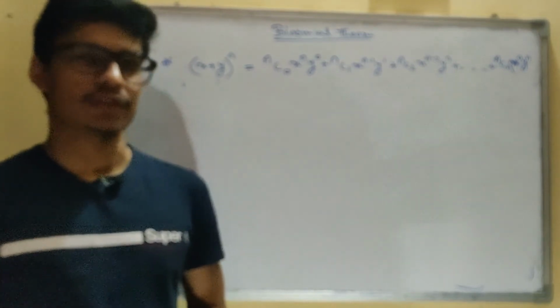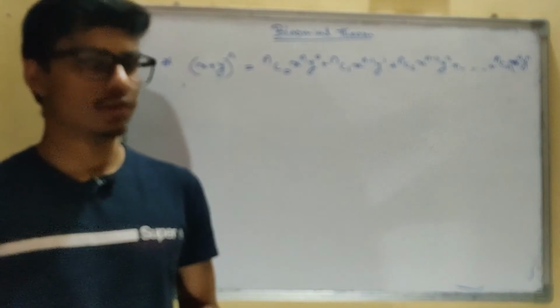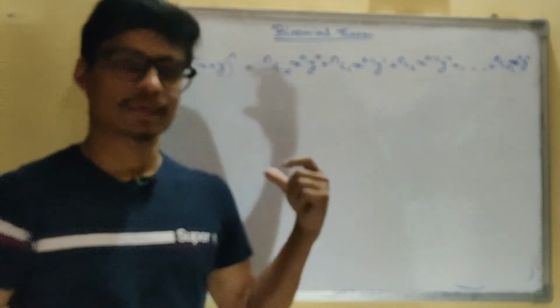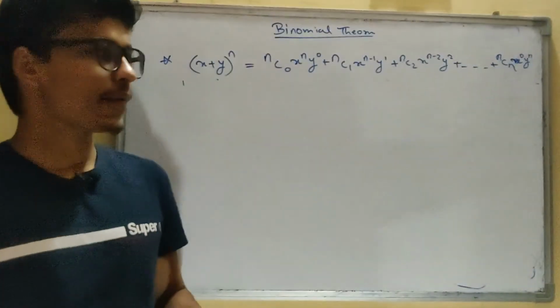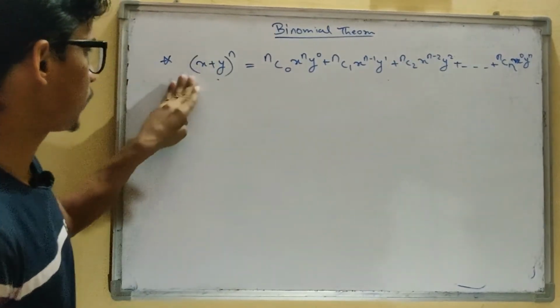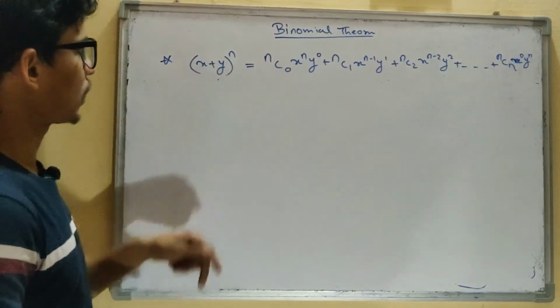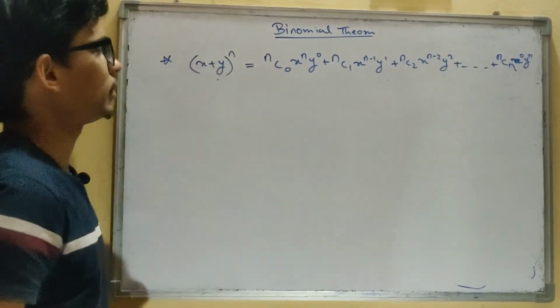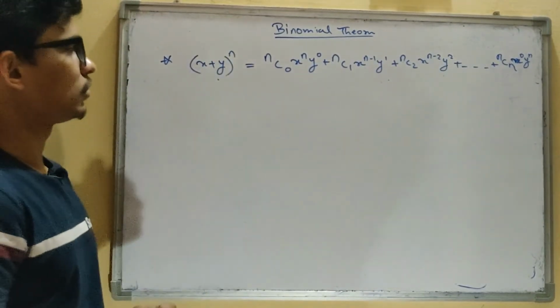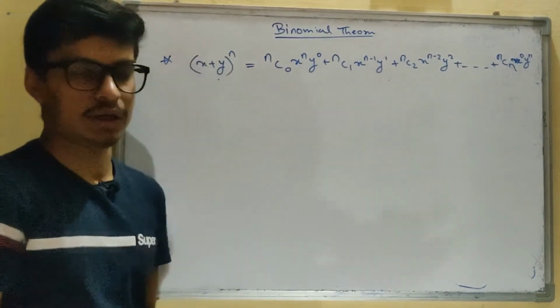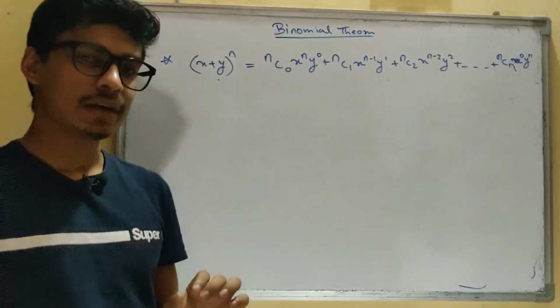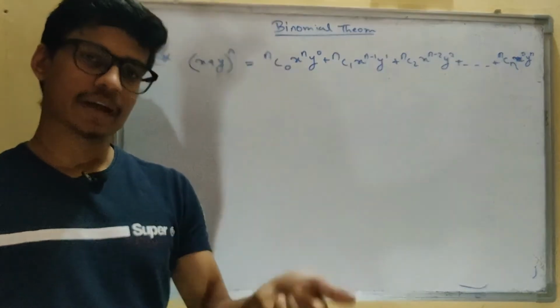Find the greatest coefficient in the expansion of some expression. If you expand anything, like x plus y to the power n, you will see that the middle term always has the greatest coefficient.